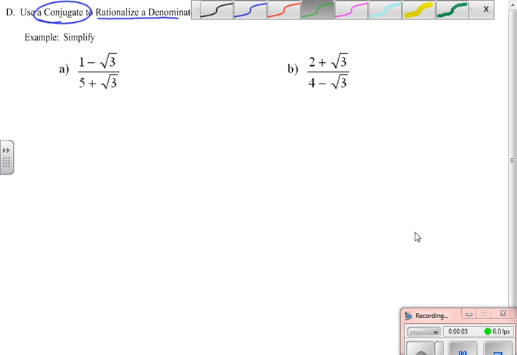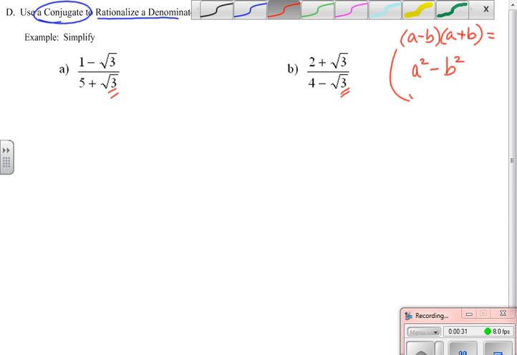So part 3 of the 5.6 is dealing with this conjugate piece. And again, just to refresh, we're trying to get rid of these radicals that are in the denominator, and we're using this factoring idea that if I take a minus b times a plus b, that always works into the square of the first thing minus the square of the second thing.